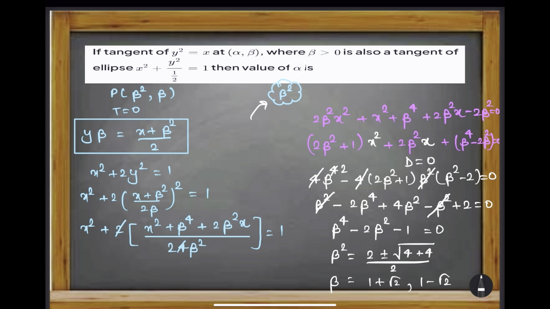You know that if beta is positive, beta square will also be positive. Correct? Here beta square is negative, so this should be rejected. So the selected value of beta square is 1 plus root 2. So the required value of alpha is 1 plus root 2. I hope the idea is clear.